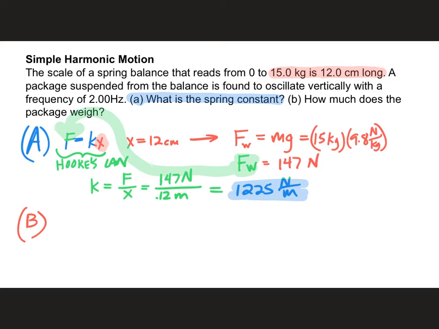Anyways, part B, how much does the package weigh? Right, okay. So you may not be aware of it, but I'm going to tell you. There is another equation for frequency as it relates to springs, masses on springs. So I'm just going to give you this equation.